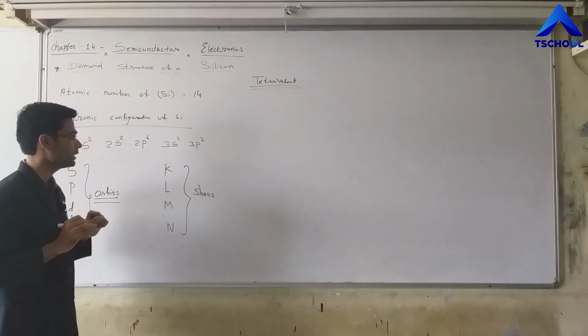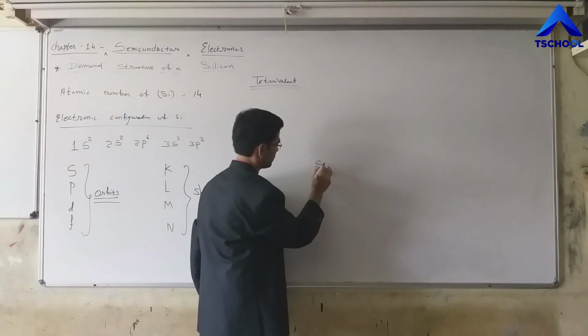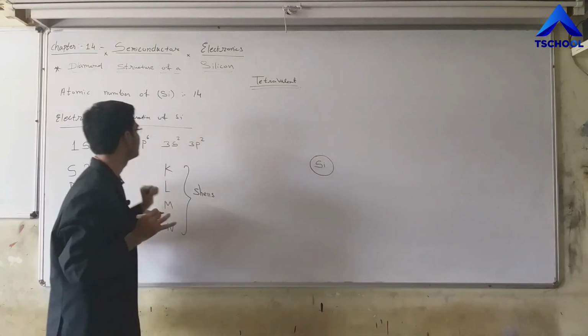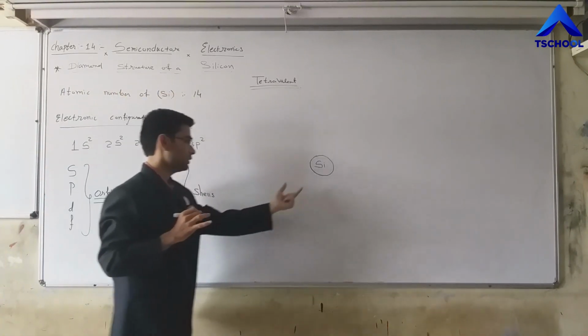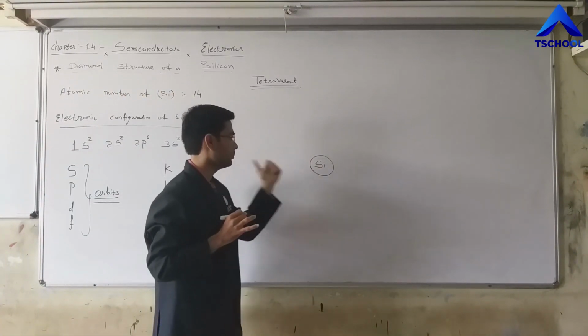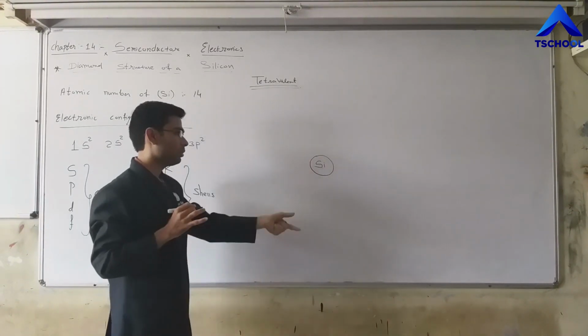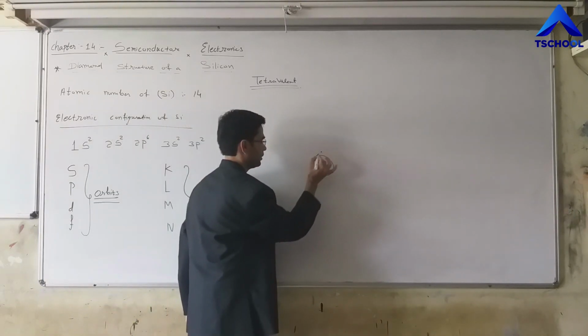Now, the diamond structure of silicon. Silicon has atomic number 14 and is tetravalent, with 4 valence electrons in the outer orbit: 1, 2, 3 and 4.